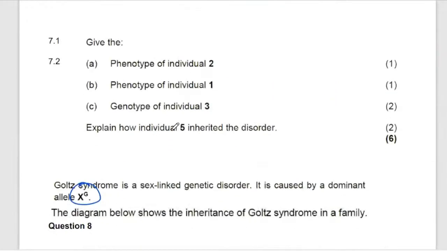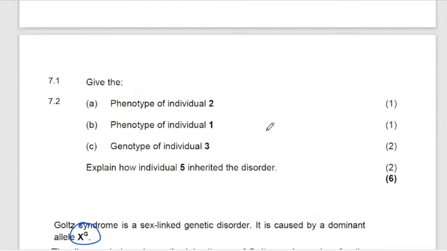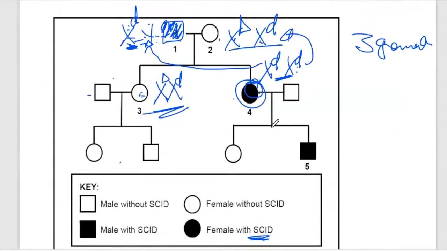They say explain how individual 5 inherited the disorder. Individual 5 is small d, small d. Therefore, we're going to say that individual 5 got one recessive allele from the mother and one from the father. No, individual 5 is a male, so it can't be from the father. The father is normal.